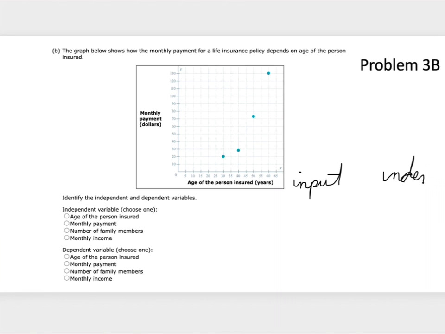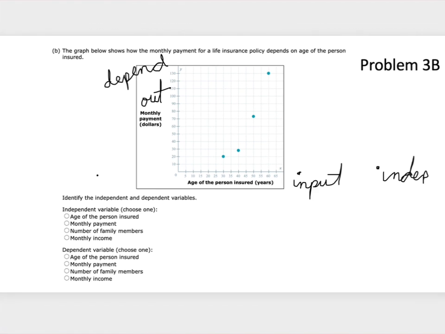Notice how input and independent start with the same little prefix there, in. Okay, and then the output here is the dependent variable. Dependent because it depends on what happens with the input. So this is the dependent.